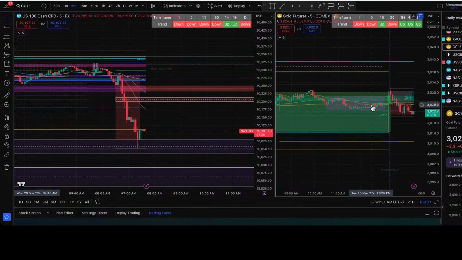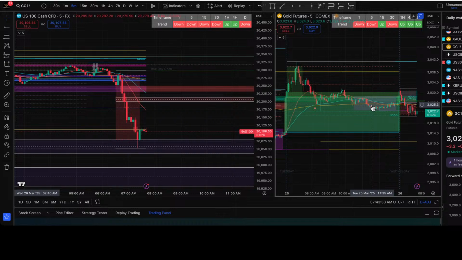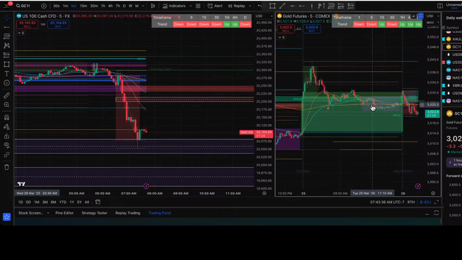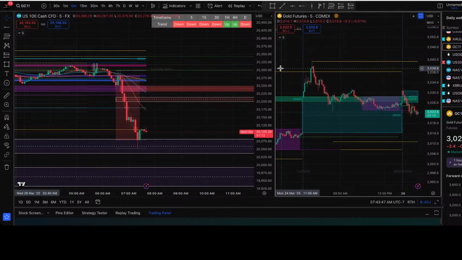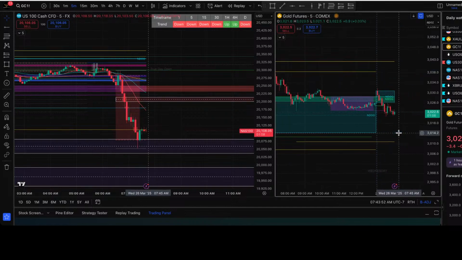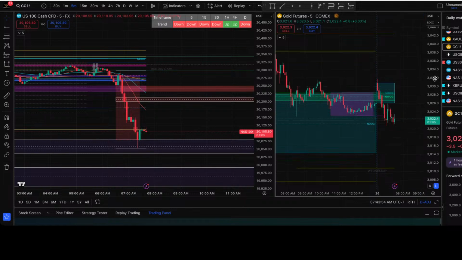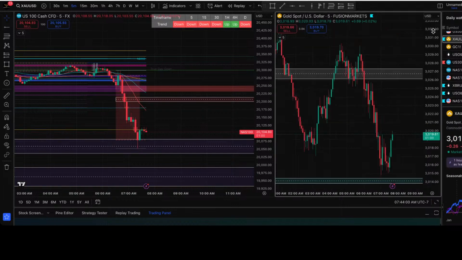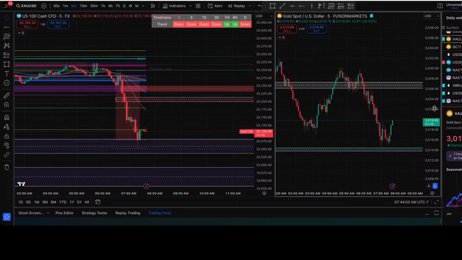Even with our indicators, you can see how chaotic this looks. Oh, sorry. That's the futures market. Let's go to CFD here just so we can see.